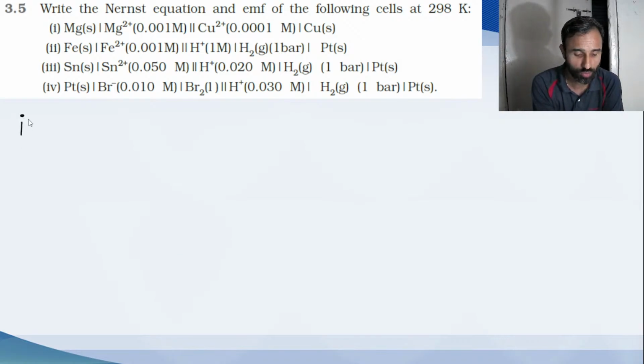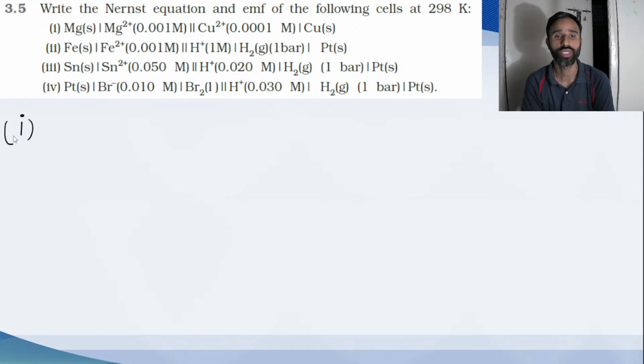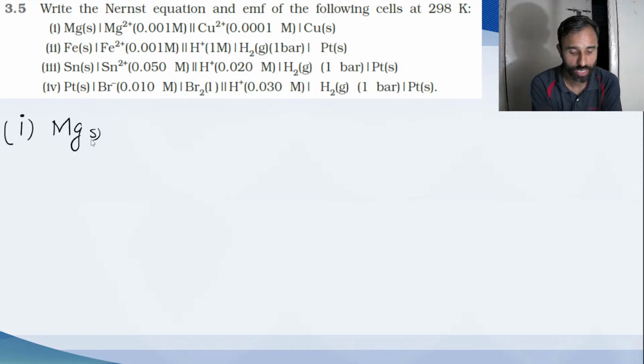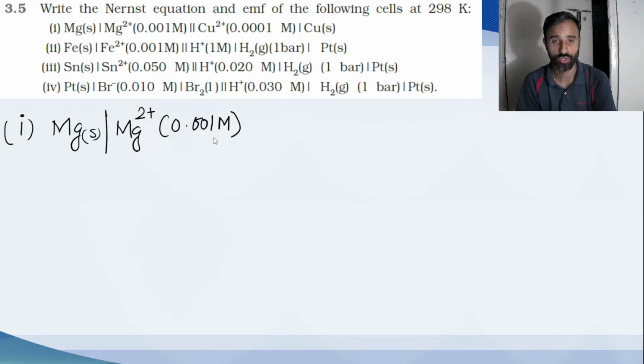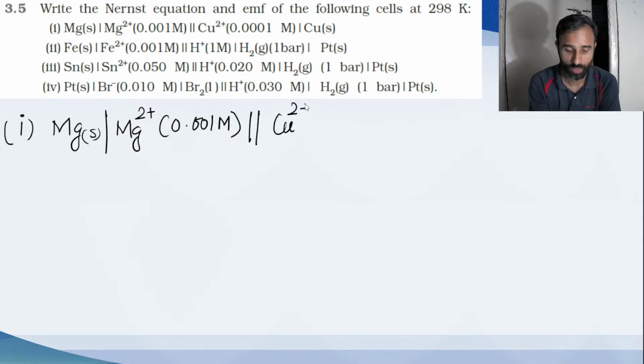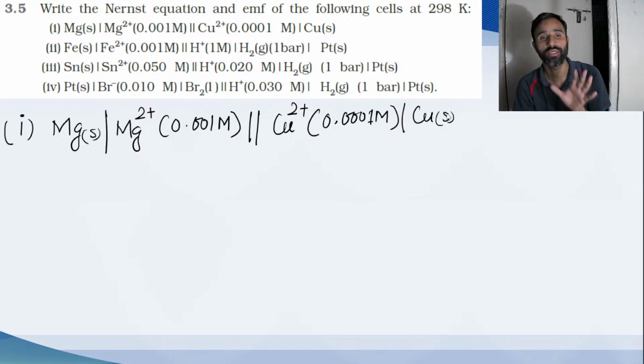So the first question is: Mg solid to Mg2+ 0.001 molar, Cu2+ 0.0001 molar, copper solid. So this is the cell.